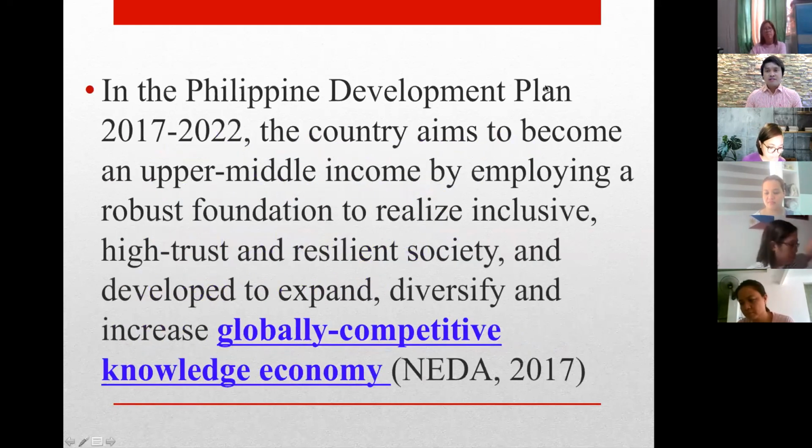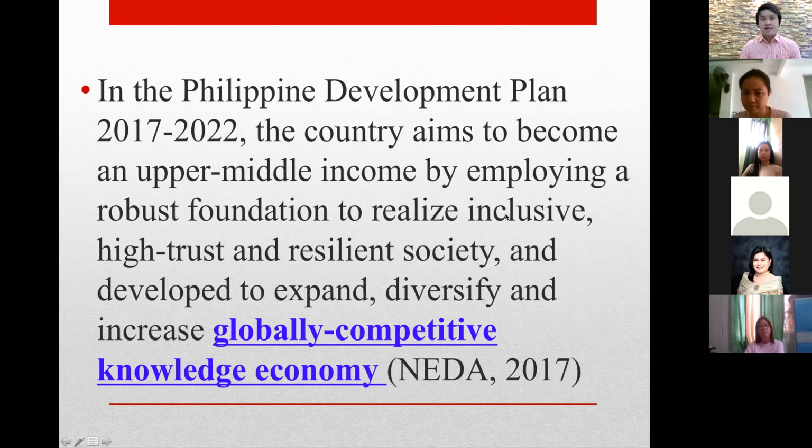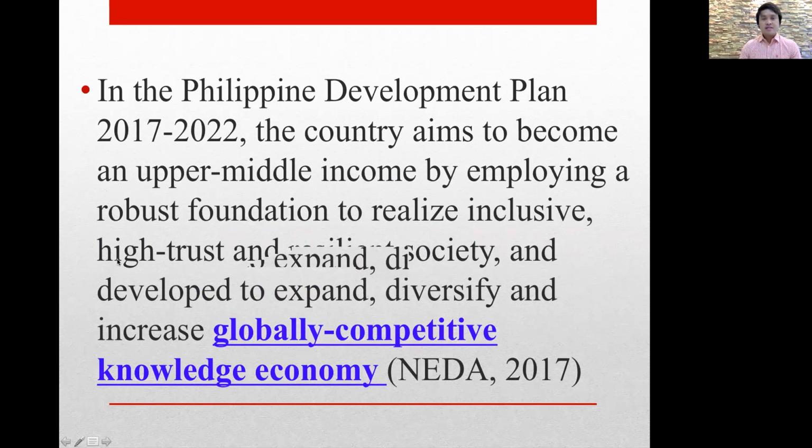So, in the Philippine Development Plan 2017-2022, the country aims to become an upper middle income country by employing a robust foundation to realize an inclusive, high-trust, and resilient society and to expand, diversify, and increase a globally competitive knowledge economy, according to NEDA in 2017.